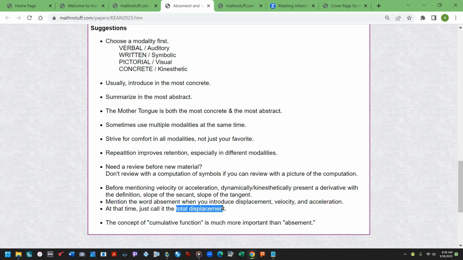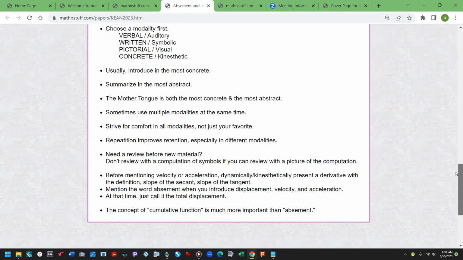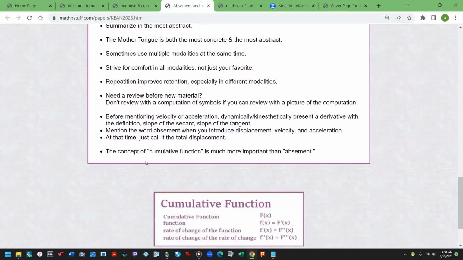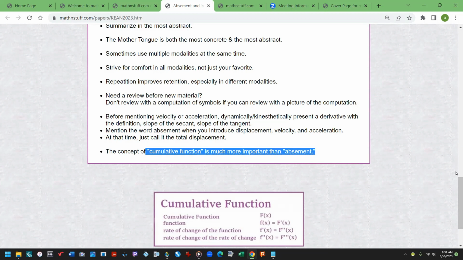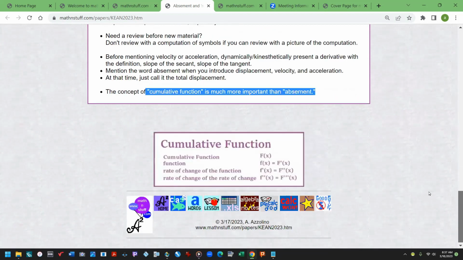Just call it total displacement. Don't worry about an antiderivative. They don't need that. They need cumulative function, and it's much more important than the word absement.